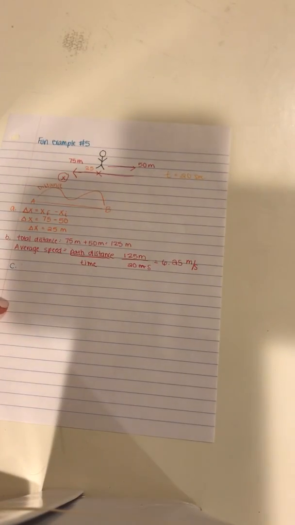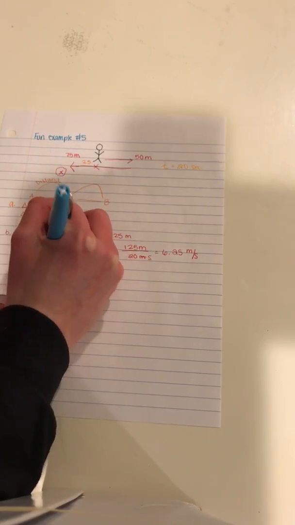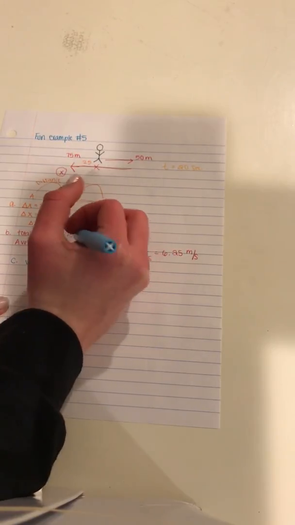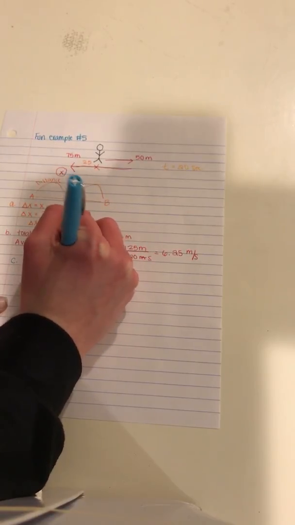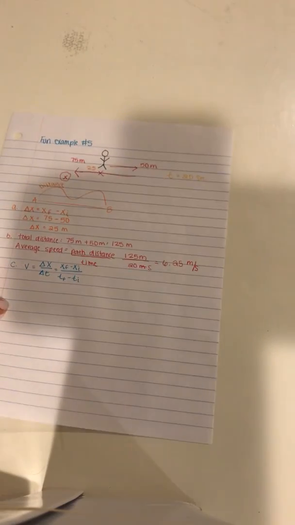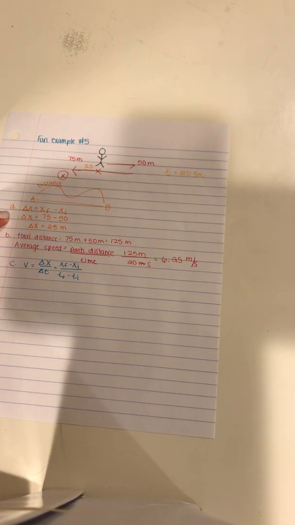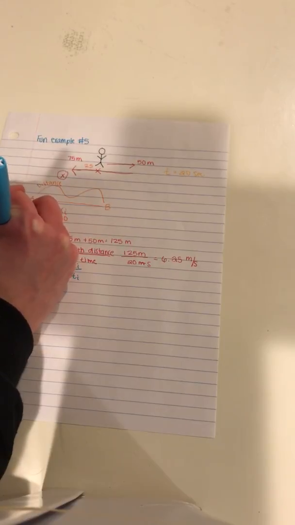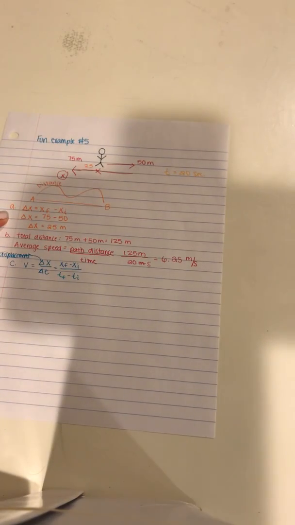So, for part C, the equation for average velocity is velocity equals the change in x over the change in time, which can also be defined as xf minus xi over tf minus ti. We already found in part A his displacement, which is also shown by the change in x.